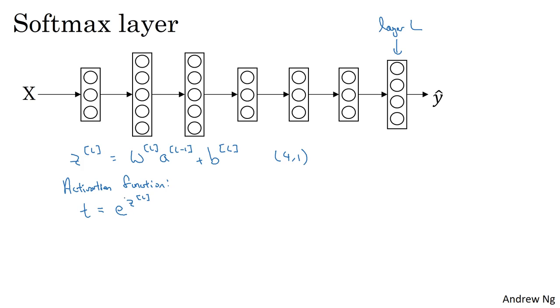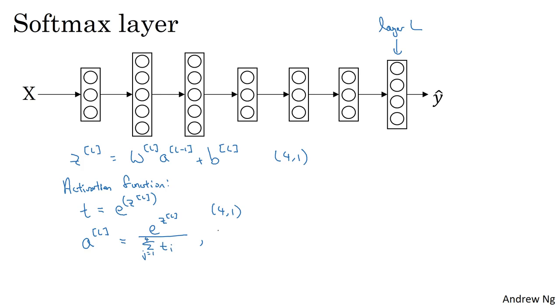So t itself, e to the ZL, that's an element-wise exponentiation. t will also be a 4 by 1 dimensional vector. Then the output, AL, is going to be basically the vector t, but normalized to sum to 1. So AL is going to be e to the ZL divided by the sum from j equals 1 through 4, because we have 4 classes, of t subscript j.